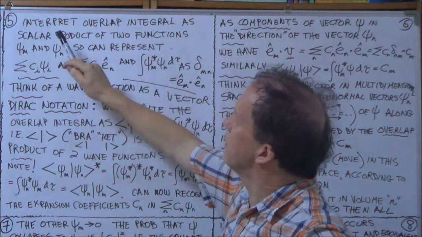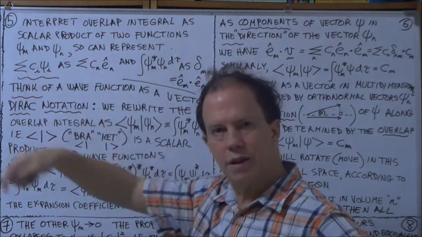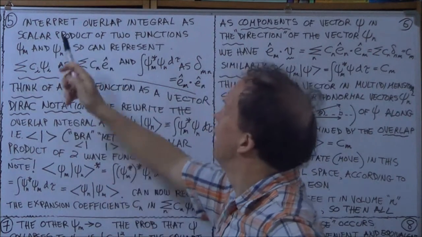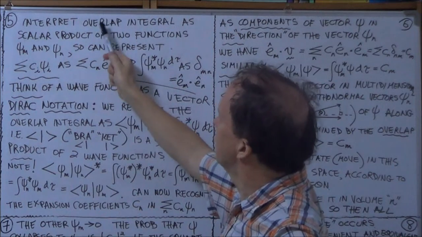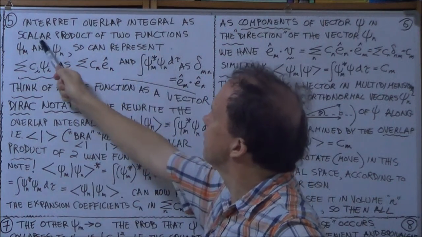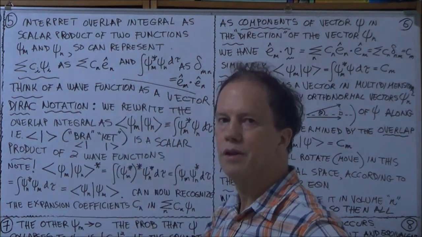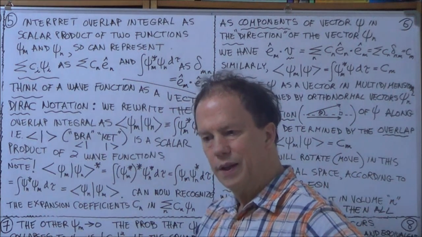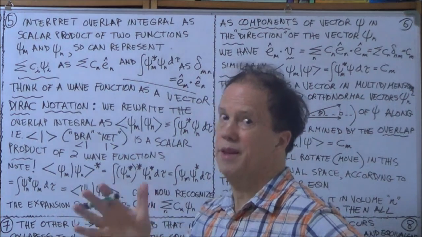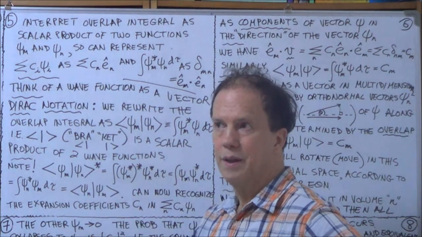So let's interpret or translate or think in terms of the overlap integral. We can think of the overlap integral as a scalar product, a dot product. Remember from vector calculus, scalar product and dot product, same thing, just two different labels.